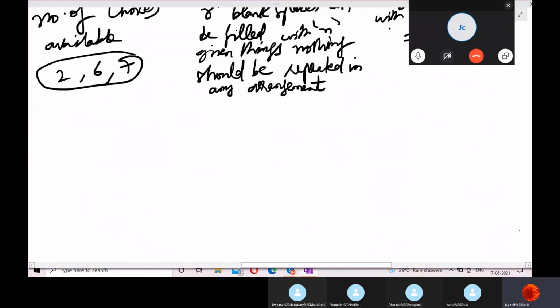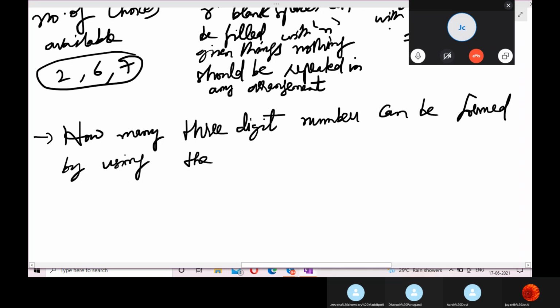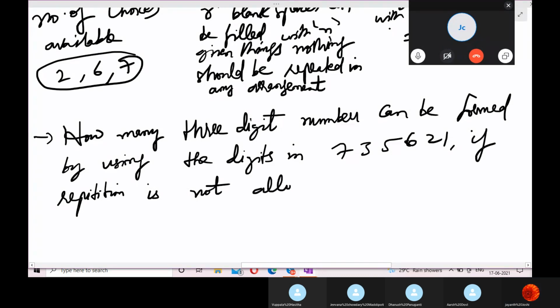Now take the question. This formula is only applicable when, among the n given things, nothing is repeated.